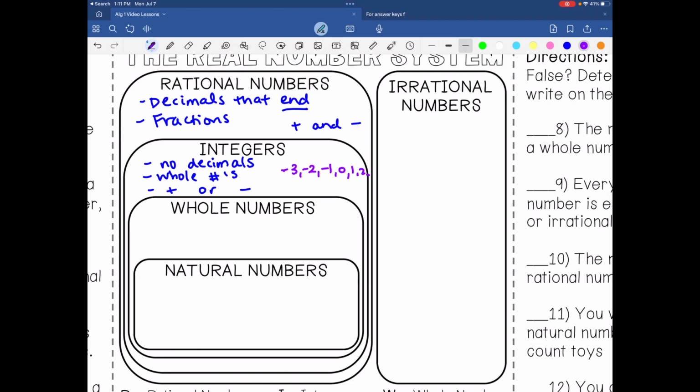Okay, now we're going to talk about whole numbers. Whole numbers are numbers without a fraction. So they're numbers that can be simplified. And I'm hesitant to use the word fraction because whole numbers can be disguised as fractions. So when we talk about whole numbers, we're going to say whole numbers are only positive. Whole numbers include 0. That's very important.